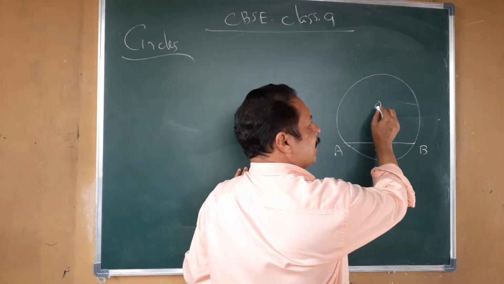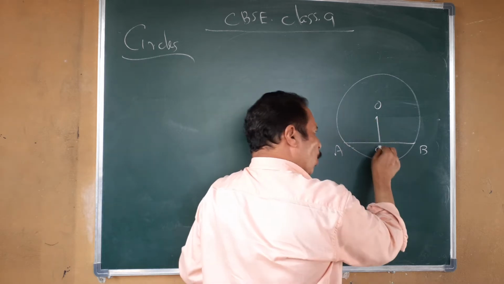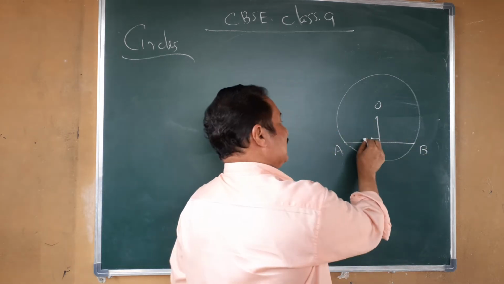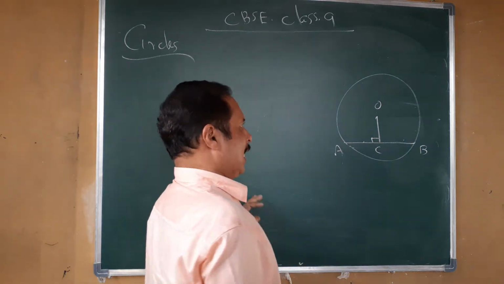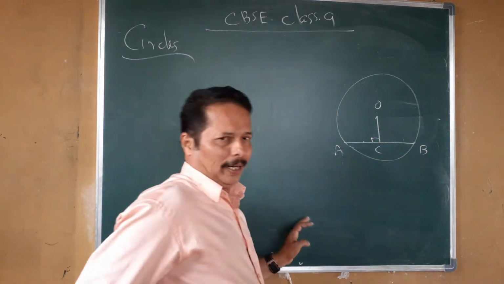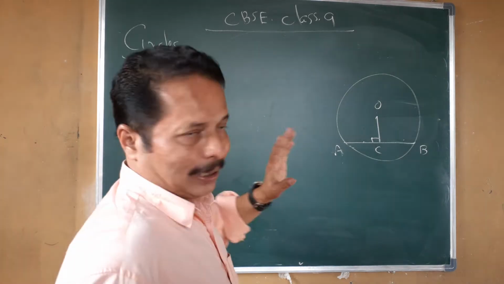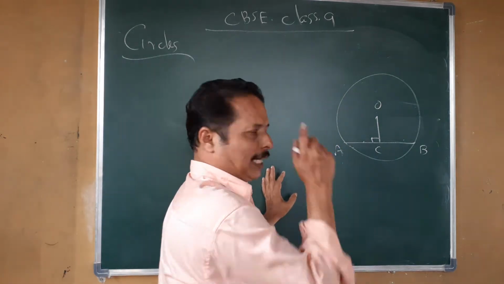That is, O is the center of the circle, C is the midpoint of AB, that is AC equal to BC. Then OC is perpendicular to AB. That already you proved. You remember that? And look at the problems connected to that.